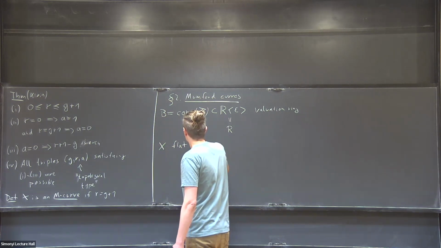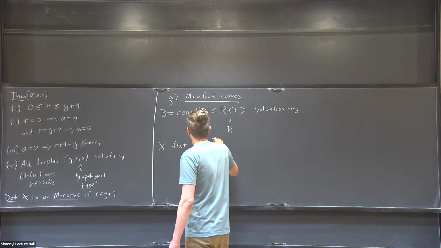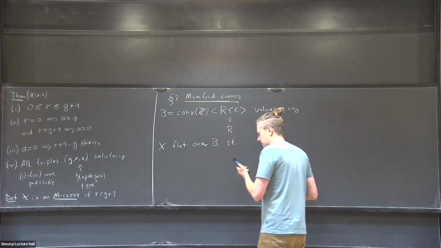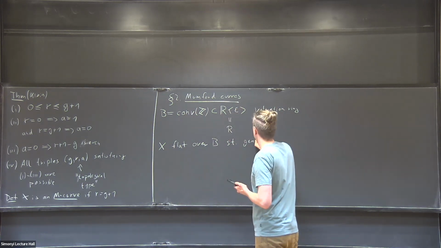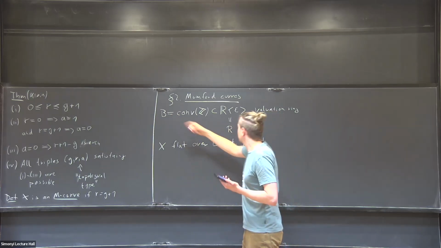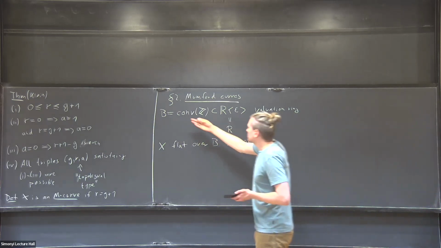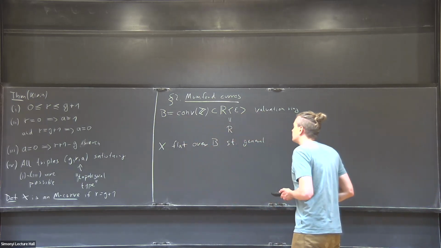And we fix a scheme over B, flat over B, such that the general fiber... So this valuation ring has a special fiber and a general fiber.